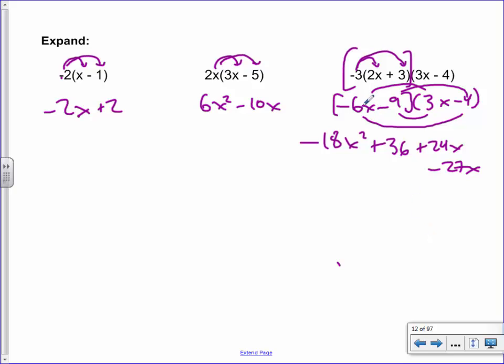Is that right? 18x squared for 1. That's a minus 27x. That one's a positive 24. And that one's 36, yeah. Minus 3x plus 36. There. There's our quadratic.